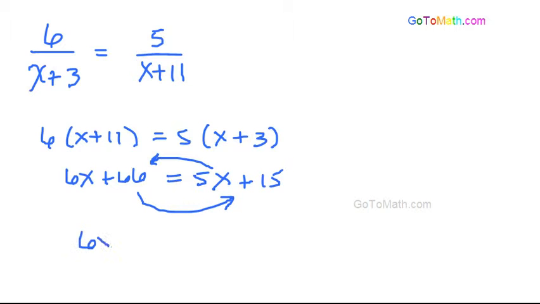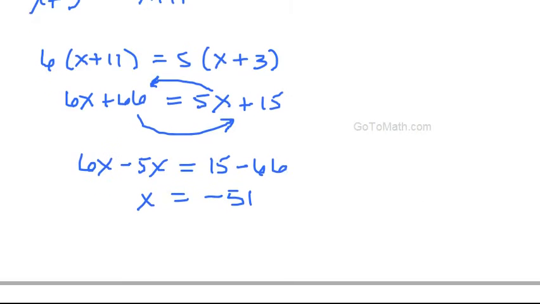So we're going to have 6x minus 5x is equal to 15 minus 66, and so that becomes x is equal to a negative, what is that, 51, of course. All I do is reverse those digits there, huh? x is equal to negative 51.